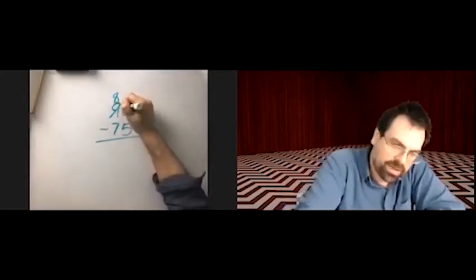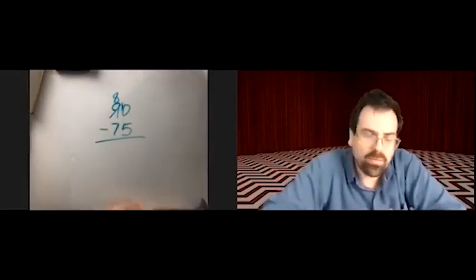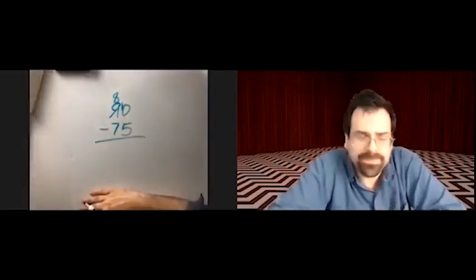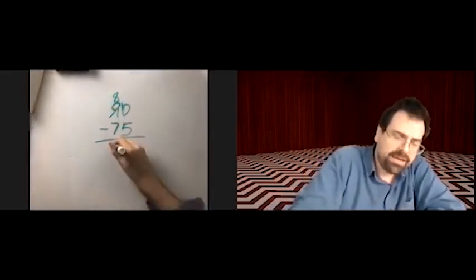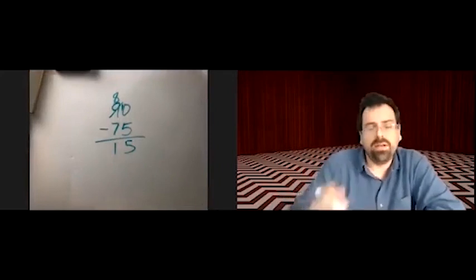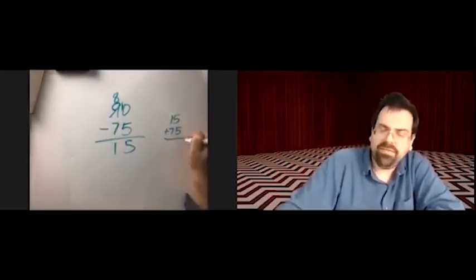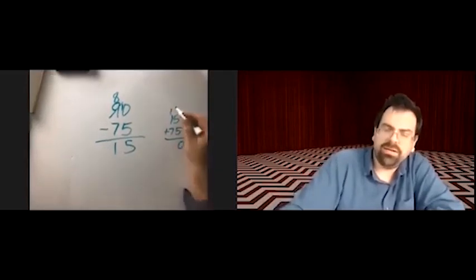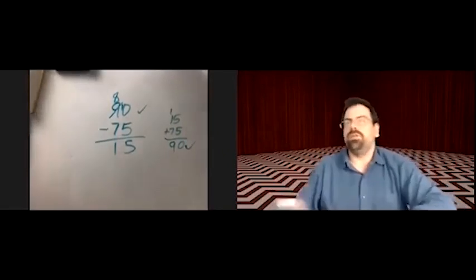And that 1 that we took turns that 0 into a 10. The 1 just gets shoved up against it. 10 minus 5 is 5. 8 minus 7 is 1. And we can check by adding 15 plus 75. Carry the 1. 9. So that's right.